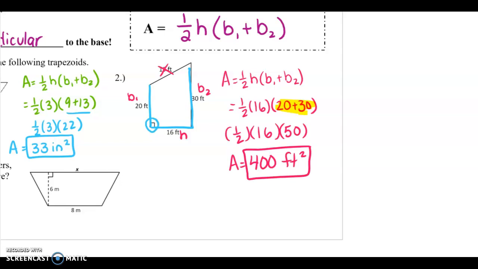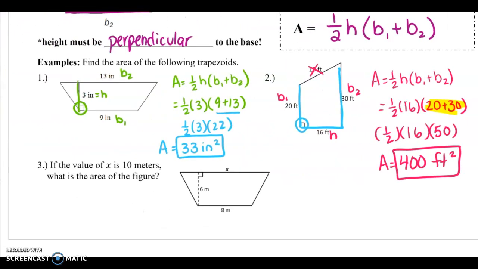All right, last problem here. They told me that the value of x is 10 meters. So I can fill that in. This is 10 meters. And notice how I've got the 90 degrees here, so that tells me that's my height, and here are my two bases. You can see it kind of makes that C shape. So 10 is my bigger base, so I'll call that base 2. Base 1 is 8. My height is 6.